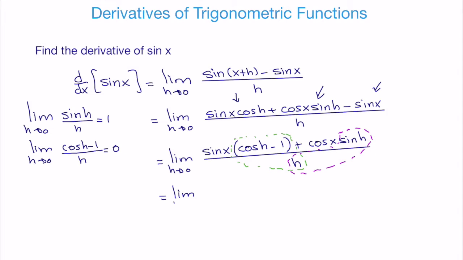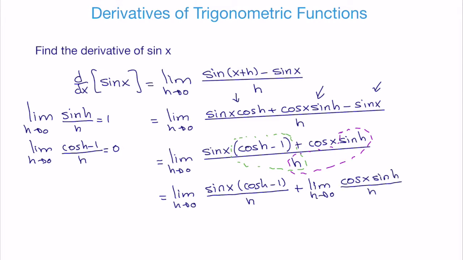This is the limit as h approaches 0 of sine x times cosine h minus 1 over h plus the limit as h approaches 0 of cosine x sine h over h. So for that limit, sine x is a constant, and we can pull it out to the front.